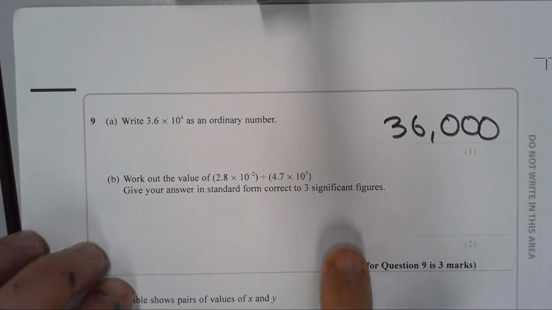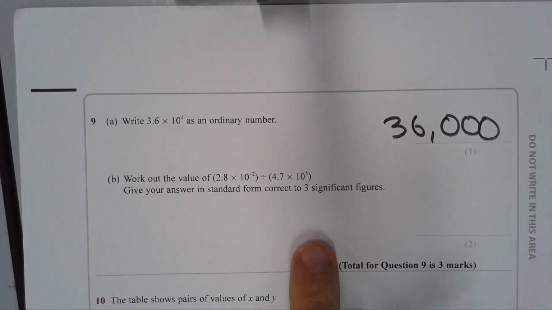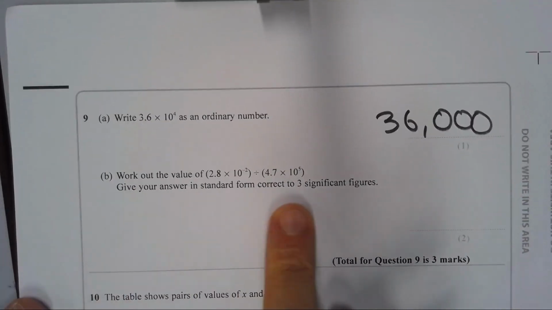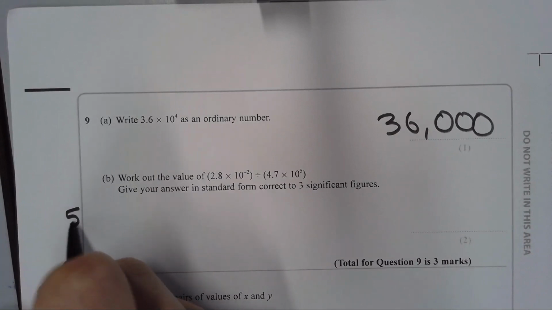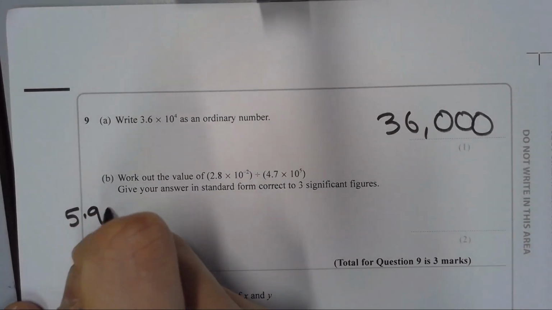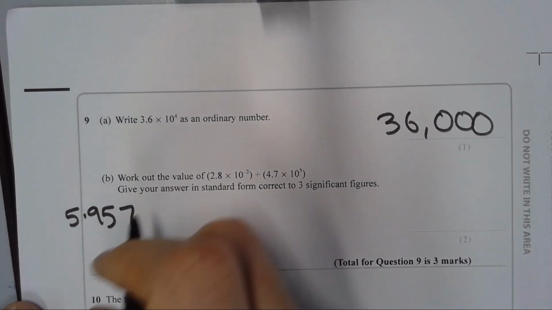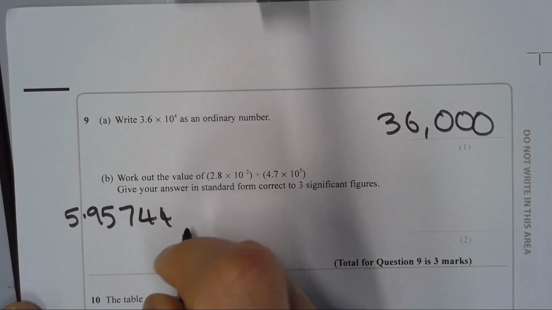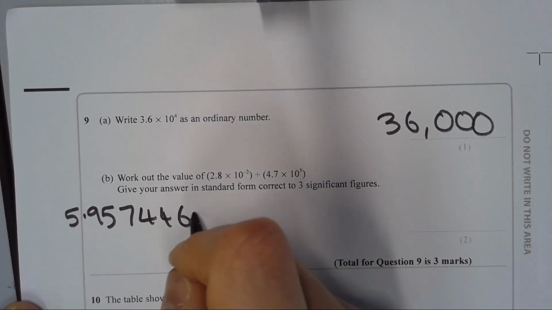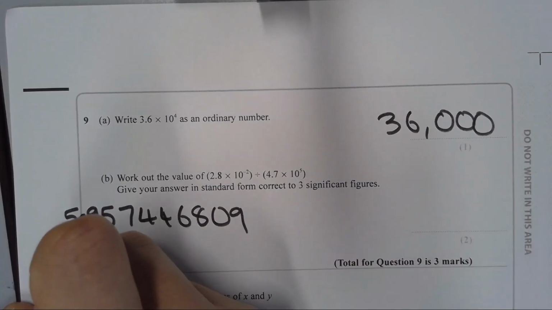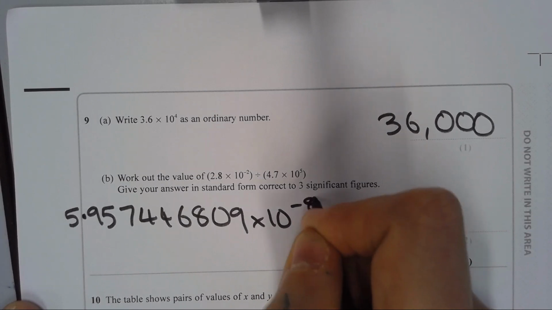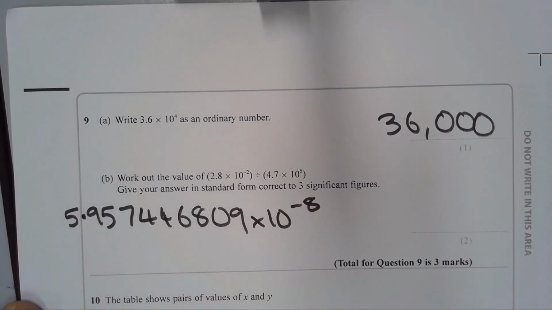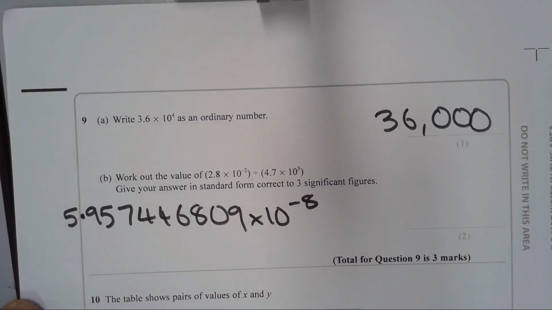And last but not least, here we go. We write this exactly how it appears onto our calculator. Full calculator display first. 5.957446809 times 10 to the power of negative 8. And we are rounding to 3 significant figures.